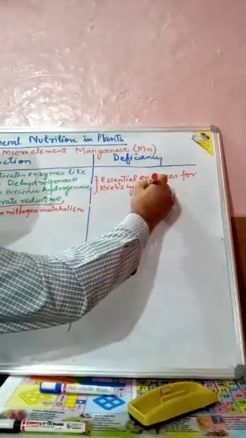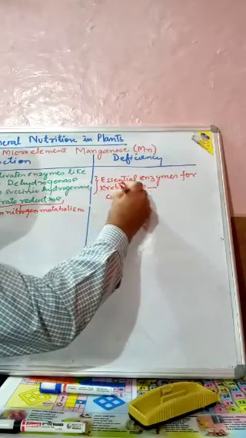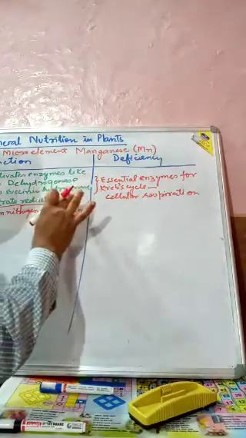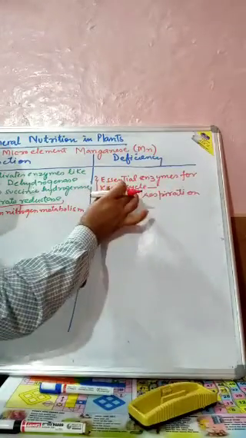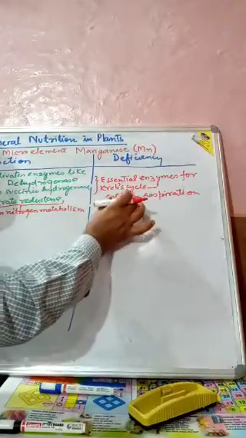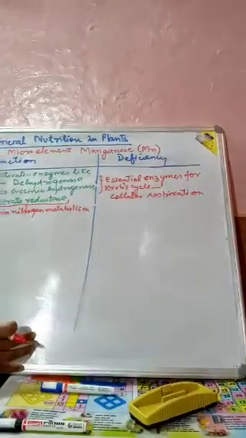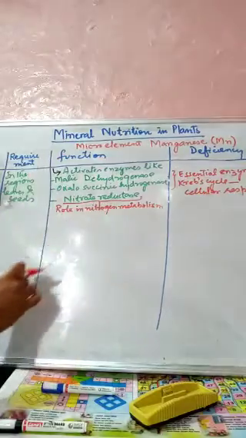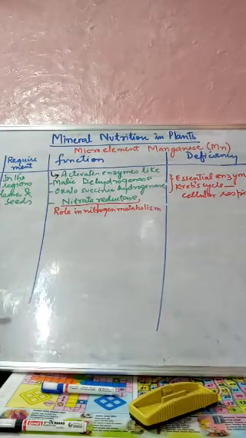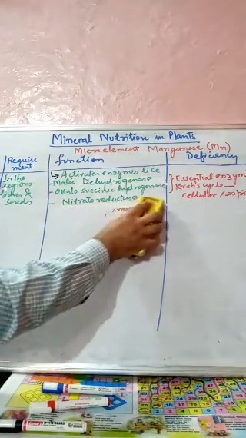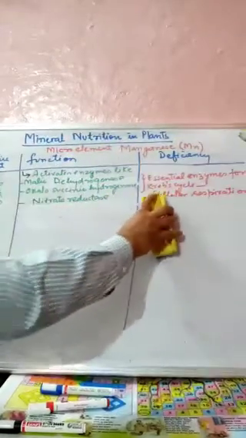Thus, they play an important role in cellular respiration. And the third one, nitrate reductase, plays an important role in nitrogen metabolism. So this manganese plays an important role.